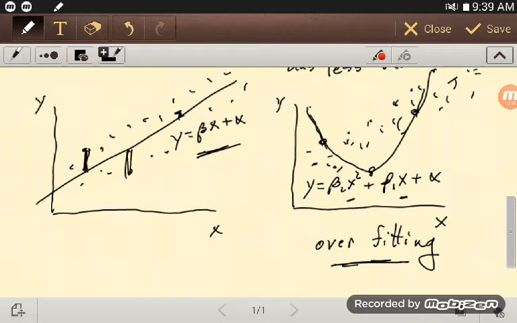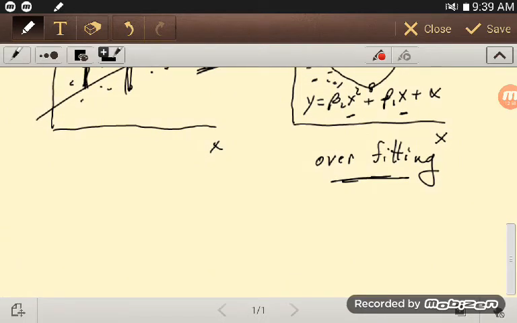Because what we know is as you increase variables, and this is another reason for using adjusted R squared, if I call this R squared of, say, one variable, it will be less than or equal to R squared of, say, two variables.